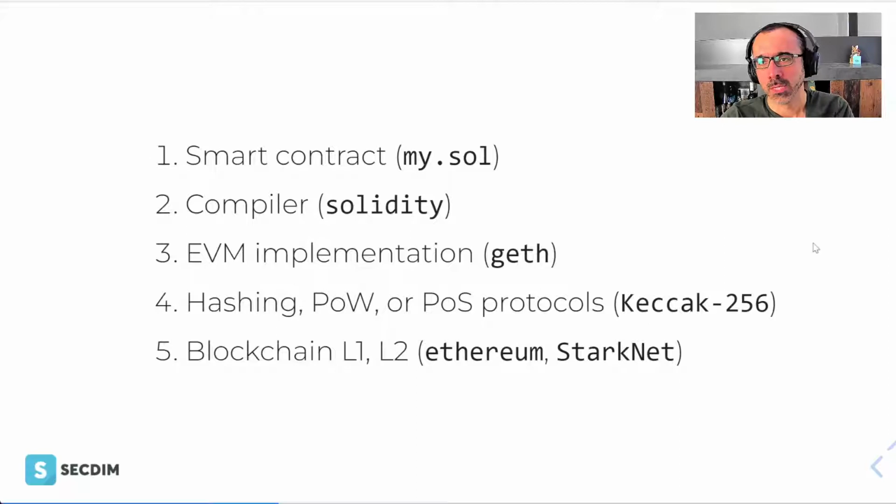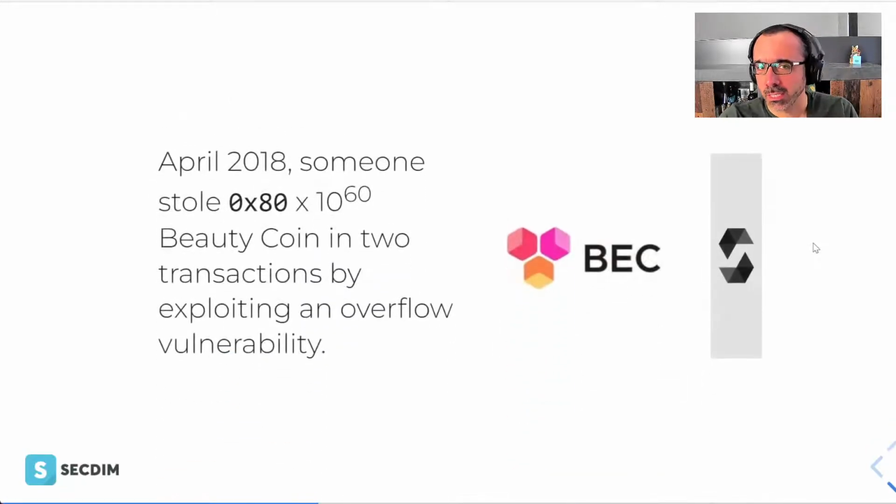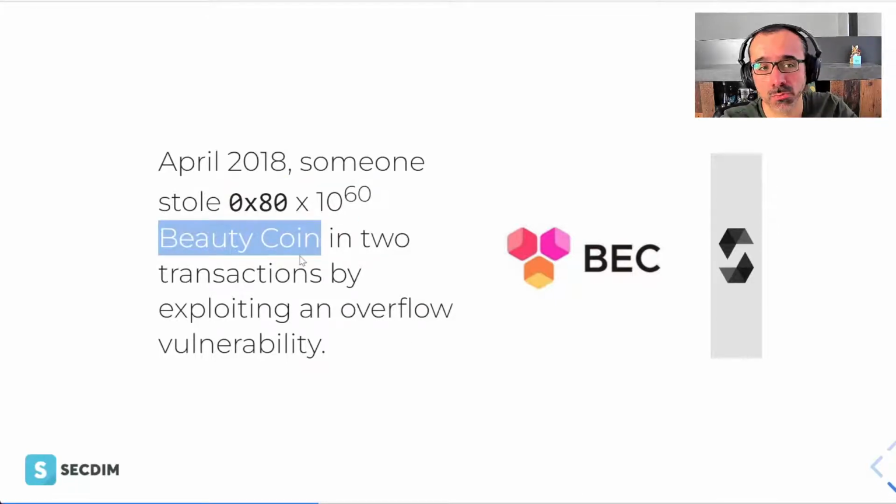Okay, let me start with an incident of how an attack could look in a smart contract environment. It was around April 2018 when someone stole the value that you see on the screen. So think about 8 with 61 zeros in front of it, of a coin known as BeautyChain coin in the smart contract world.